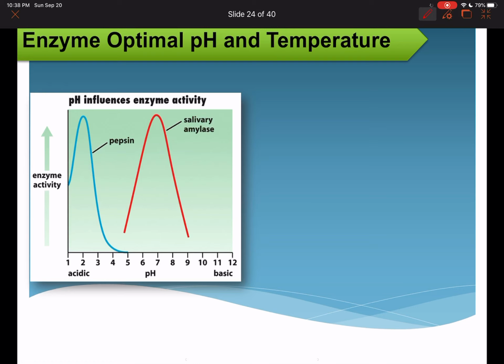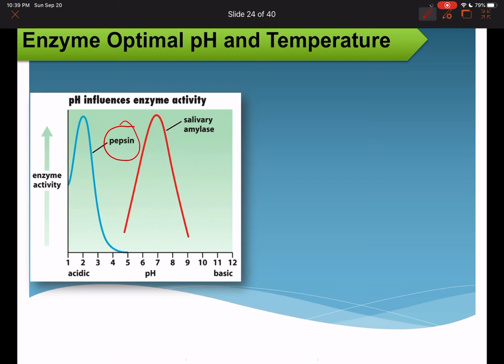For example, pepsin is an enzyme that works in the stomach that will break large proteins into smaller polypeptide chains in order for our stomach to prep our little goop of liquidy food into the small intestines, and the small intestines then further break down your polypeptide chains into individual amino acids, and that's how we are able to absorb amino acids. So pepsin in the stomach needs to start breaking those huge protein molecules into their individual chains first.